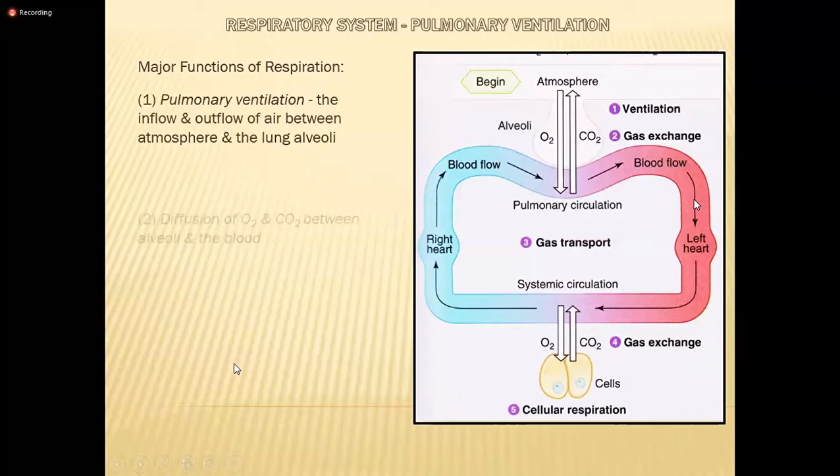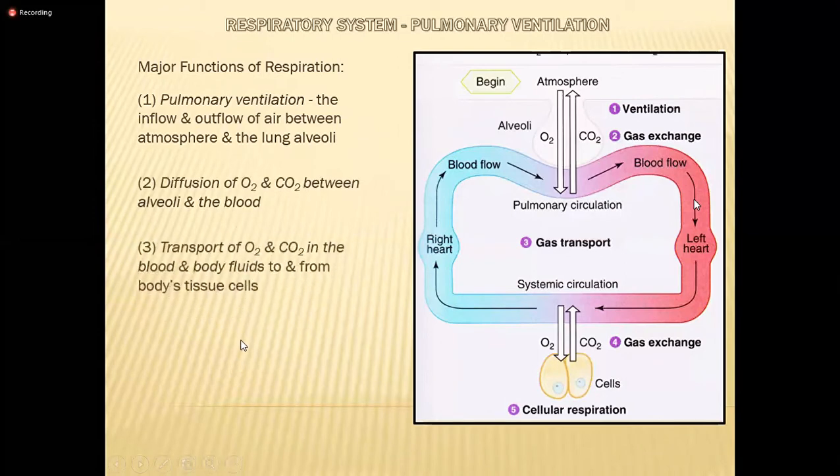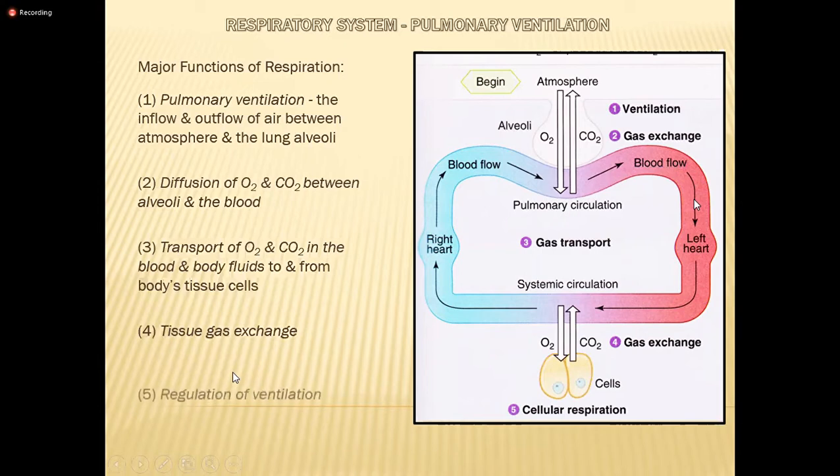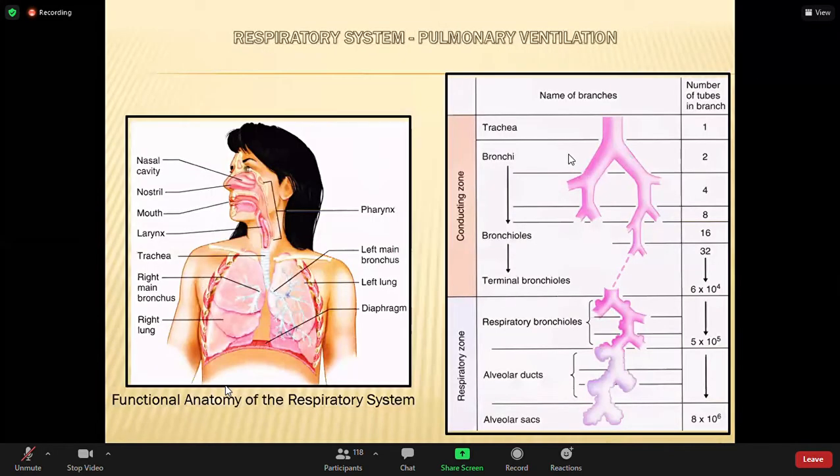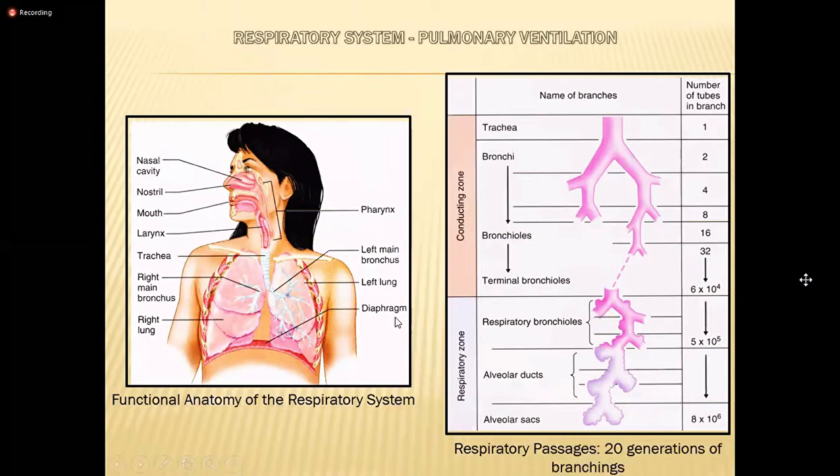Pulmonary ventilation, diffusion of oxygen, transport of oxygen and CO2, tissue gas exchange, regulation of ventilation. Functional anatomy of the respiratory system. Your respiratory system involves the nose, from the nose towards the lungs.